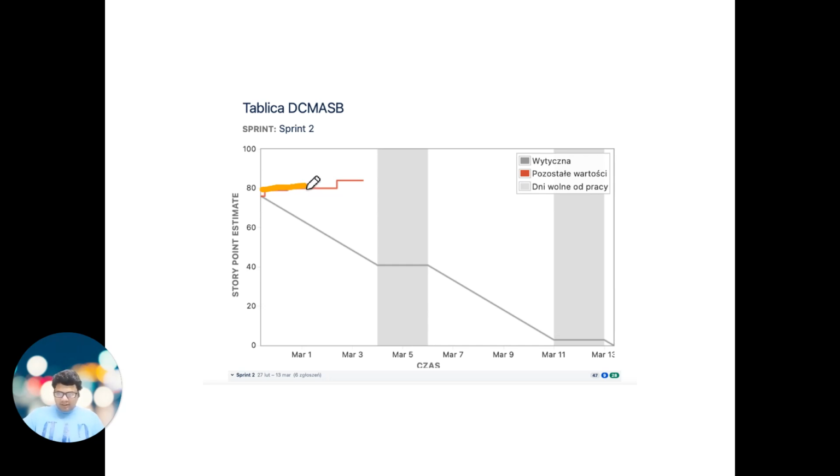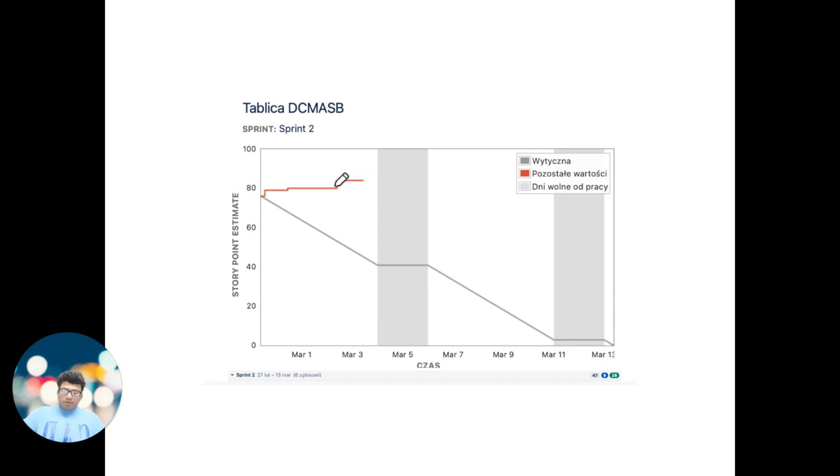In day two also, the line is still straight, so the team has still not completed any user stories. But at the end of the 2 days, the team or product owner added some more stories to the sprint. That's what you can say.